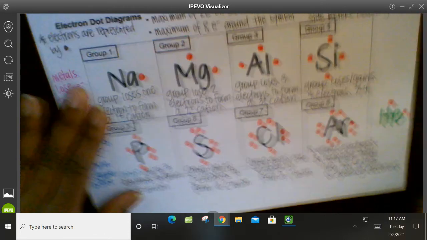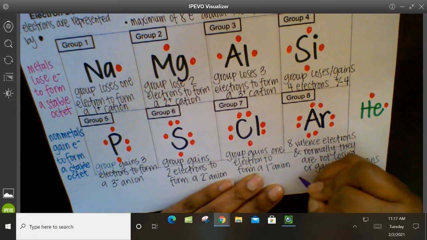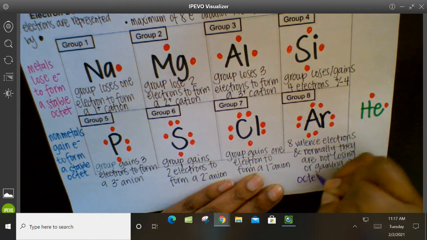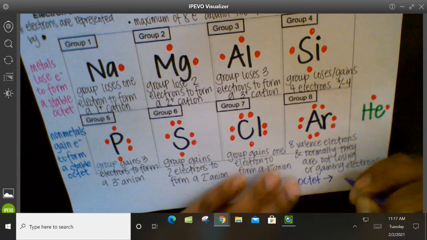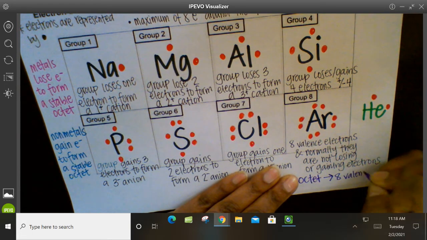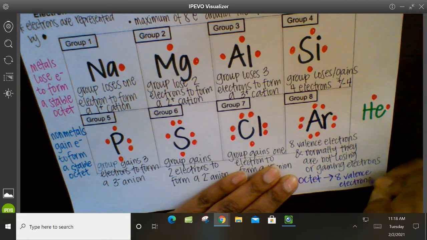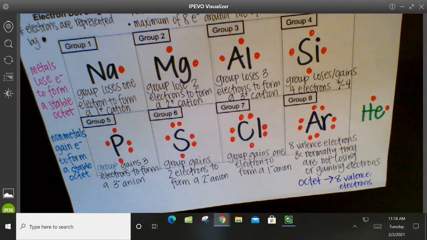Okay, so this group has the octet, and I'm just going to write that down for you guys so you'll know how to spell it. Okay, octet, O-C-T-E-T, 8 valence electrons.